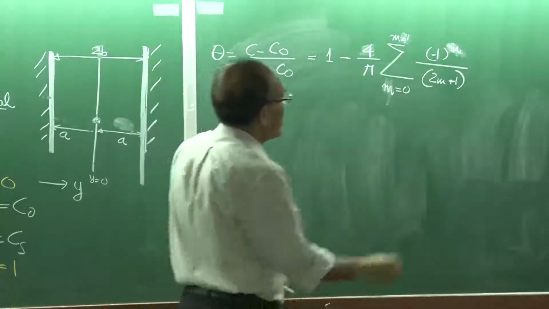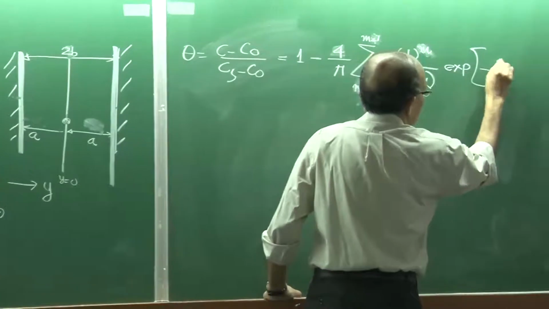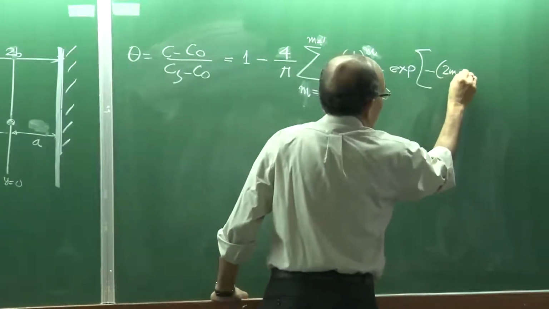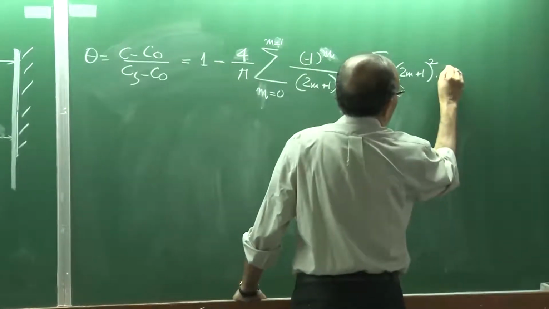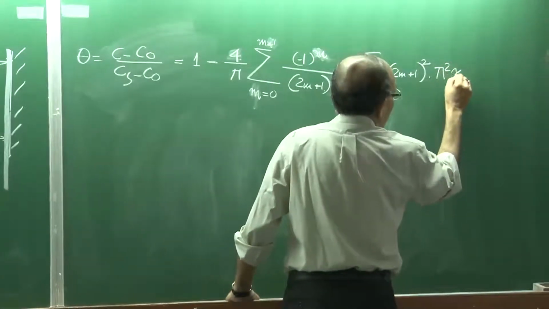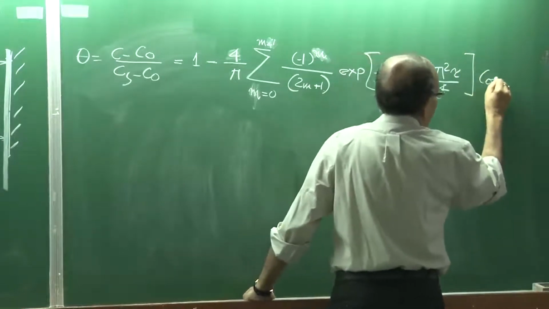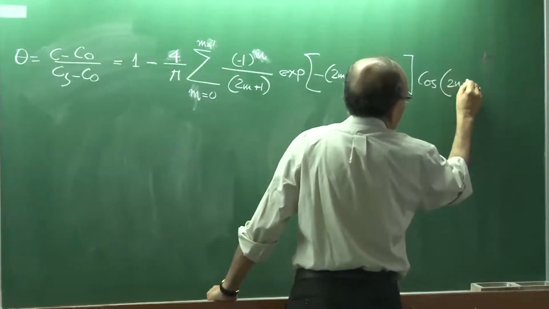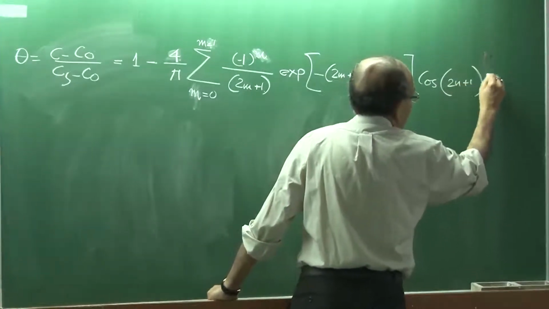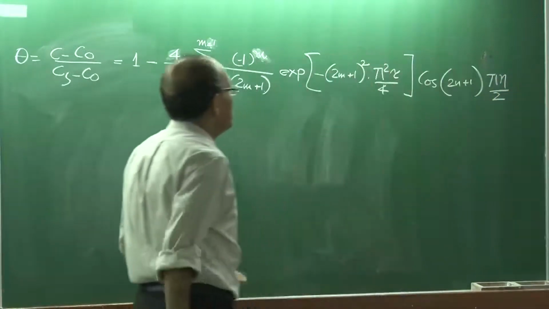Okay? And then I have the exponential function, exp of minus 2m plus 1 whole square into pi square tau by 4, and then I have the cosine function, cosine of 2m plus 1 pi eta by 2.